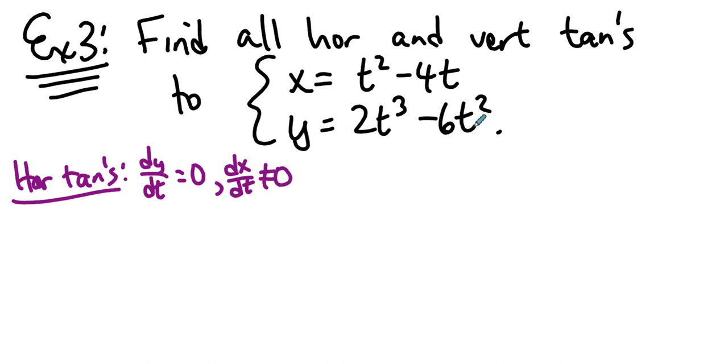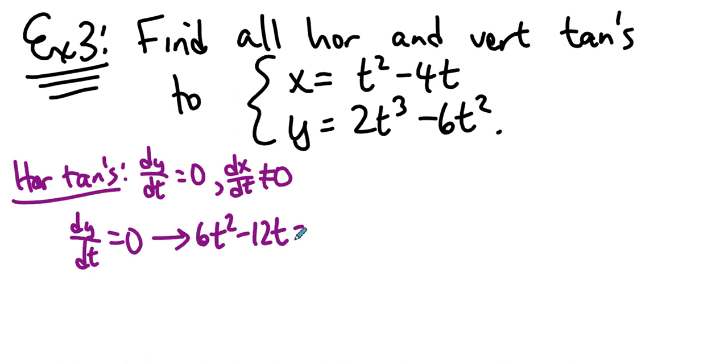So dy/dt is 0 when 6t squared minus 12t is 0. A little bit of algebra gives us 2 values of t.